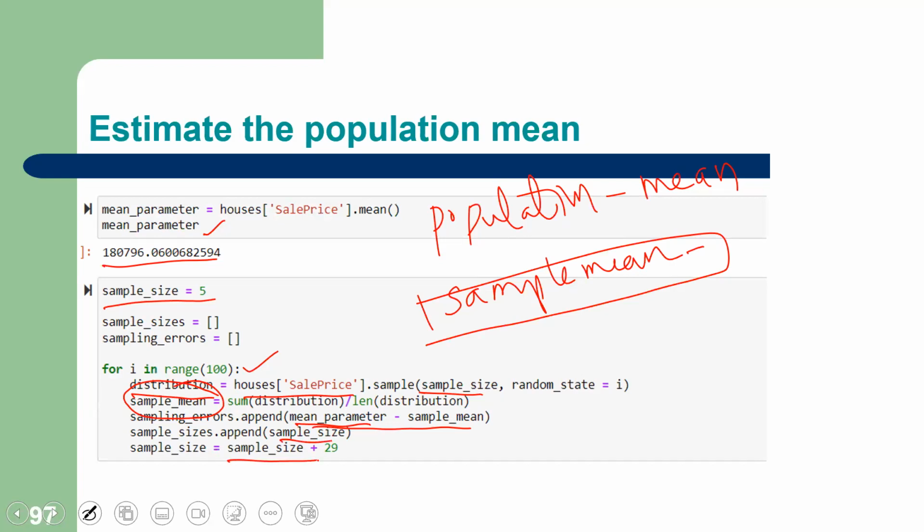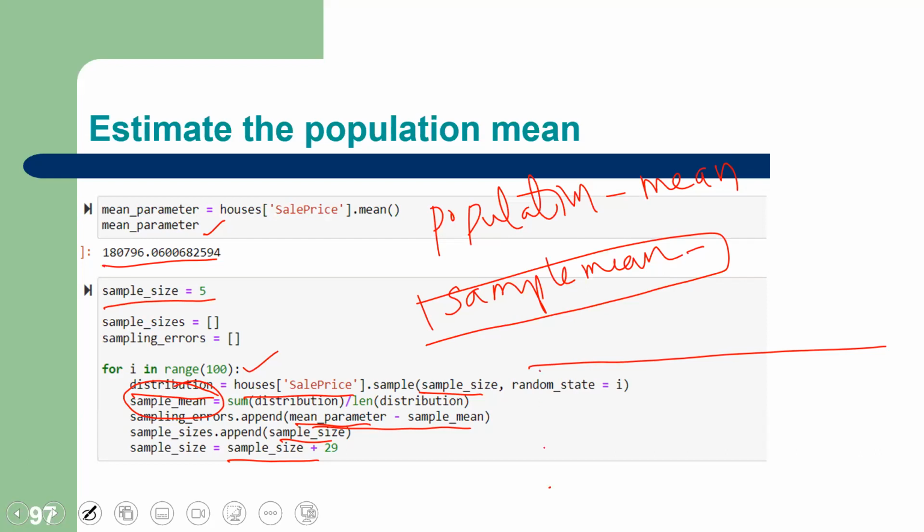Earlier I was just changing one thing, the sample size. For that sample size, I'm calculating the various sampling errors. So if you consider this as the population mean, initially with a small sample size, I will be away from the population mean.